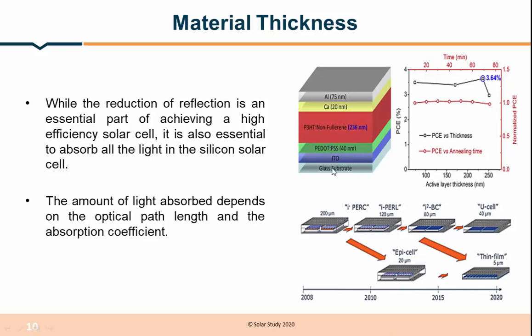First of all there will be a layer of glass substrate, then an ITO layer, then other chemicals like fluorine, all containing 400 nanometer, PEDOT substrate containing around 40 nanometer, and P3HT fullerene with around 236 nanometer of thickness, and calcium that is 20 nanometer, and aluminium containing 75 nanometer.